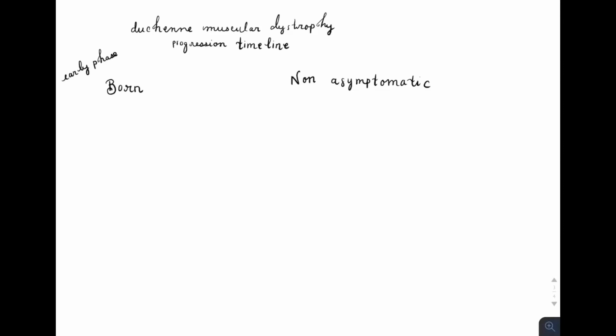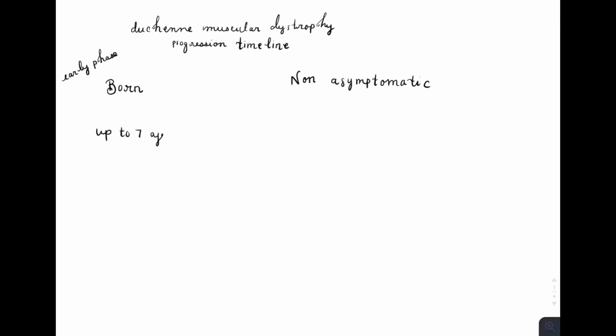Duchenne muscular dystrophy is a disease that progresses over the lifetime of a patient. Different symptoms are present at different ages. At birth, it is typical for the patient to not display any symptoms, and therefore these patients are diagnosed in their later years in life.